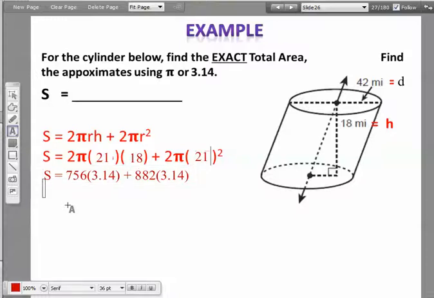Then I'm going to come down here and say 756 multiplied by pi is going to give me 2375. I'm just going to put 0.0 because it won't round. And then 882 times pi is going to be 2770.88. I'm just going to put 9.